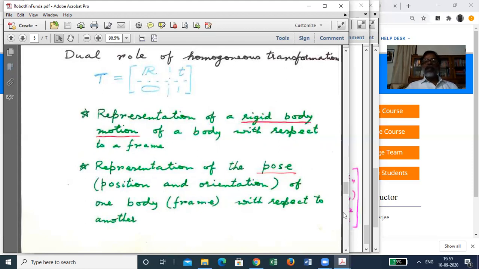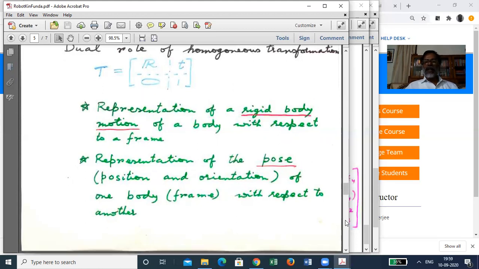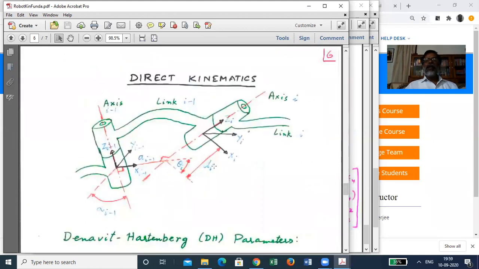So armed with these tools, in the next lecture we will actually go into the study of robotic kinematics, position kinematics to begin with. So at this point we stop this lecture, which completes our discussion on the spatial representation of rigid body motion. It will be used throughout the course.